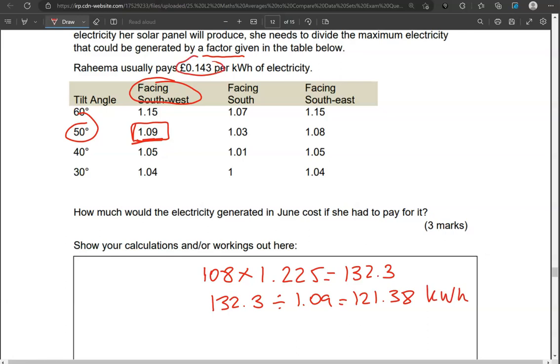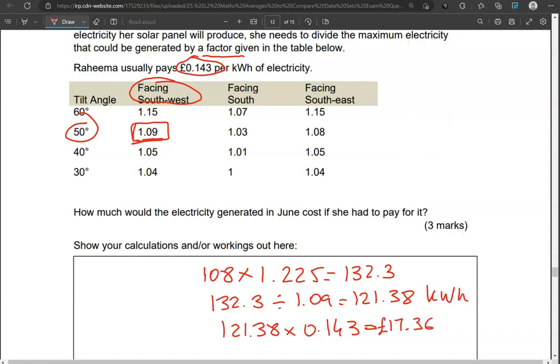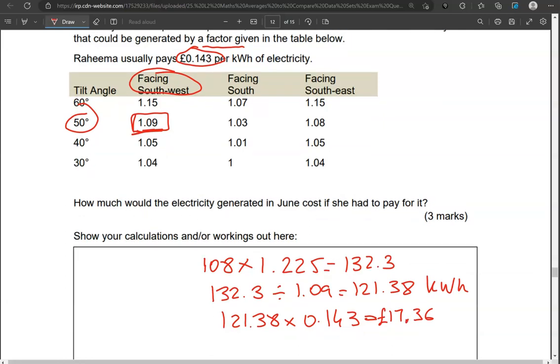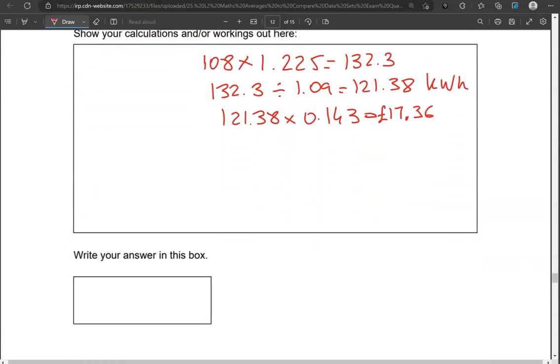She pays this price per unit, so we'll do 121.38 times 0.143. So that is £17.36. Because we write money in 2 decimal places, so with 2 digits after the decimal point.